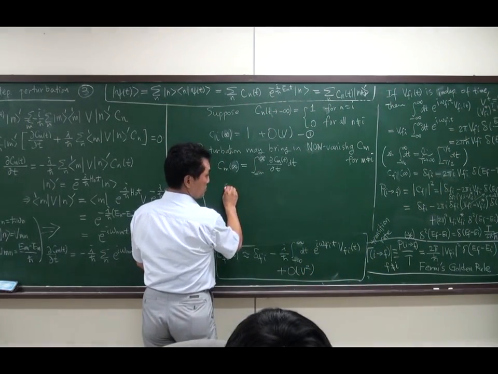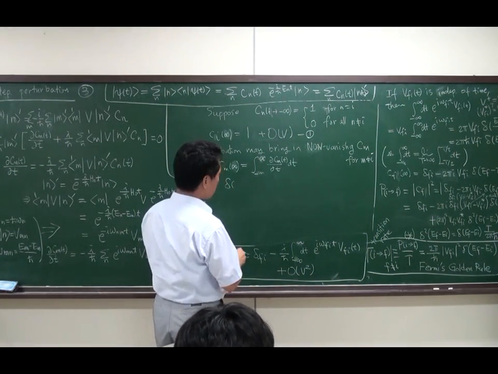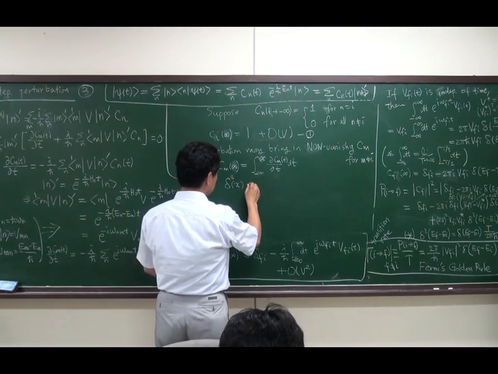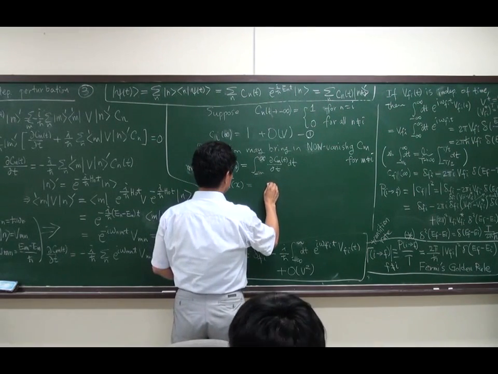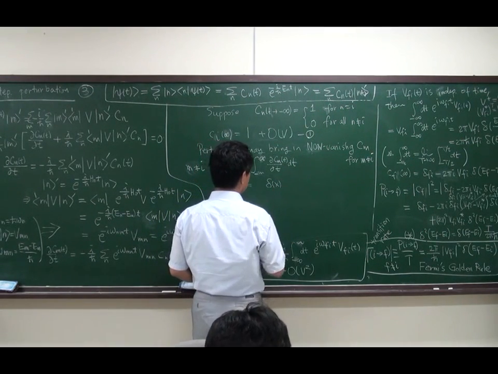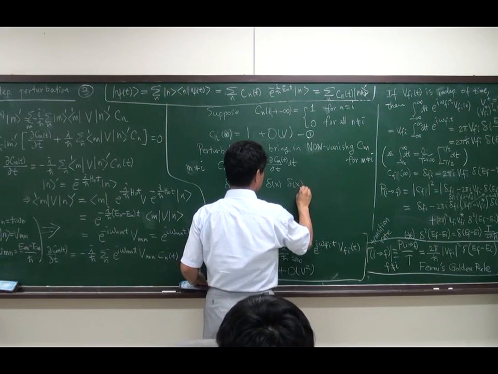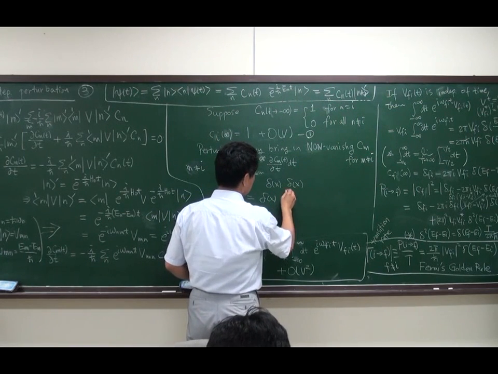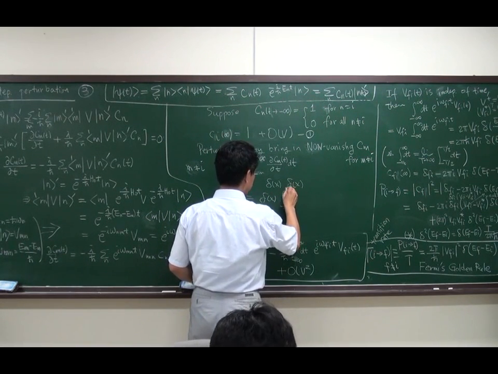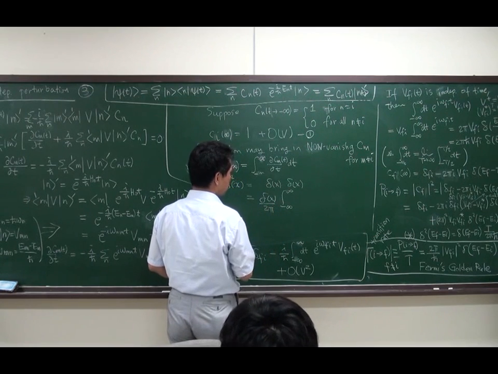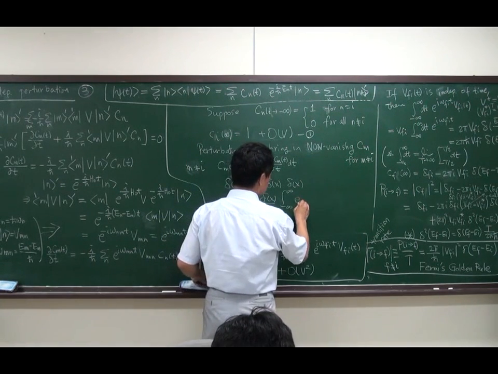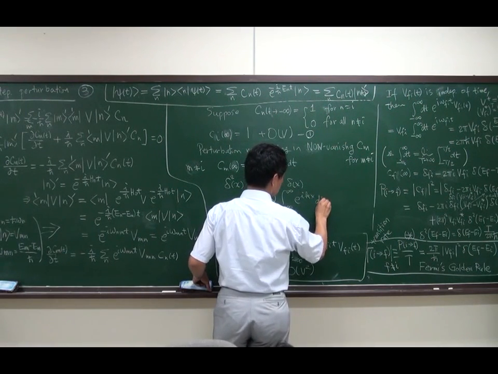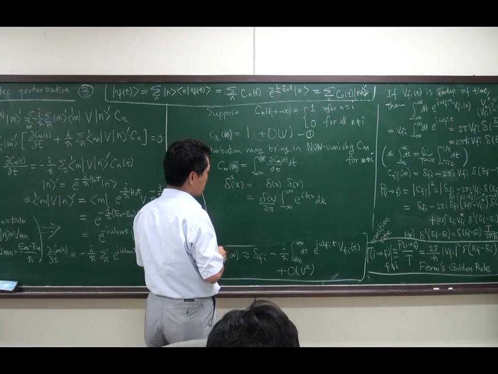If I have delta x squared, it is delta x times delta x, and delta x is actually the integral from minus infinity to infinity over 2 pi of exponential i k x dk.